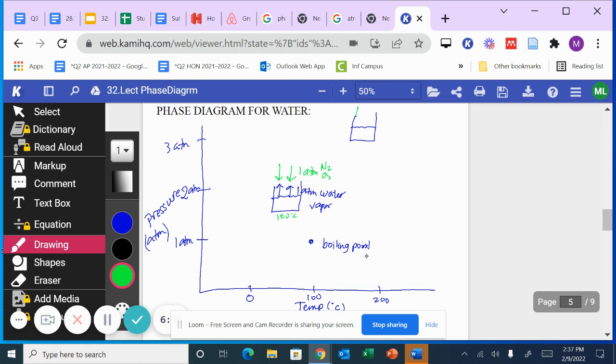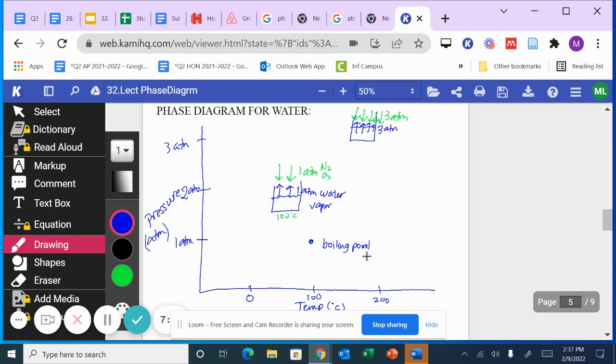Let's say you have double the amount or a whole lot of water, atmospheric pressure. Let's say you're at 3 ATM. You're going to need an equal amount of water vapor pressure. Let's say you're going to need 3 ATM, right?